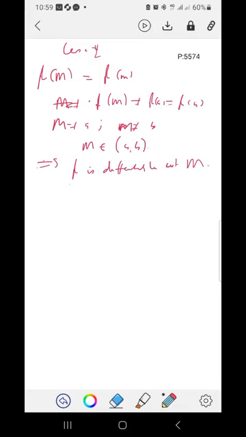So if it is differentiable at M, which we have established, then since M is the highest point, we can't be talking of any other value. It means that for all x in (a, b), f(M) is greater than or equal to f(x).